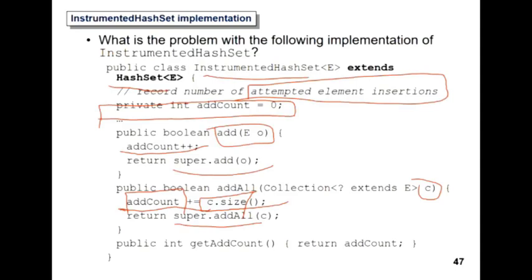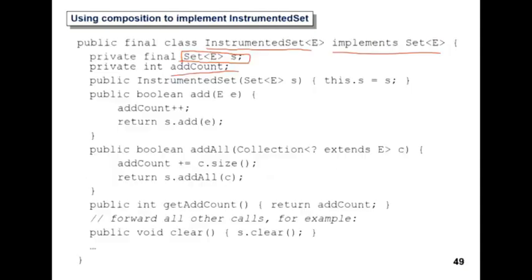So if you look at the previous example, you're not actually using anything here. You just have your add count. So what we do is you create an object of type set in here, and you override the add method as you should because you're implementing set. Remember, if you want to create your own class of a particular type, implement the interface of it so you can acquire the type. Okay.